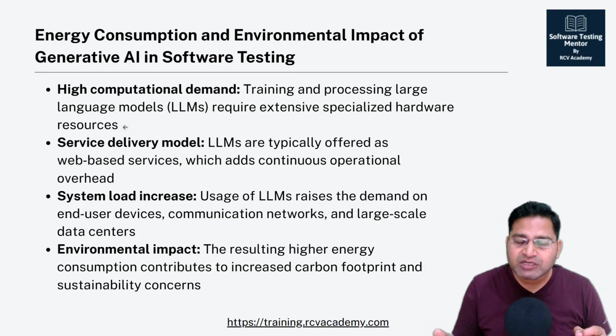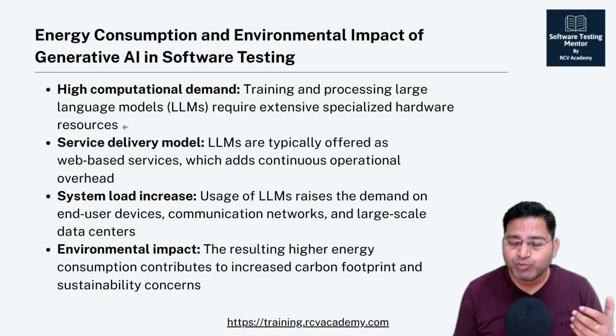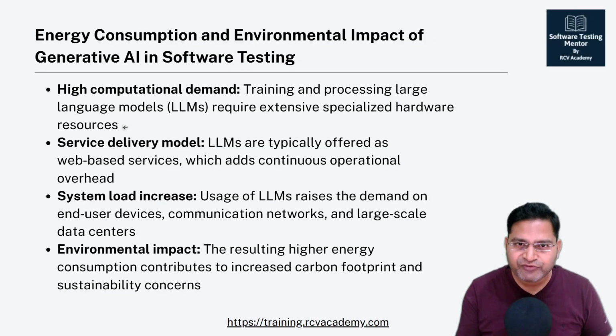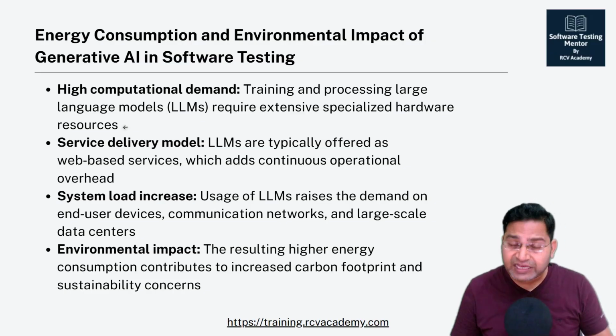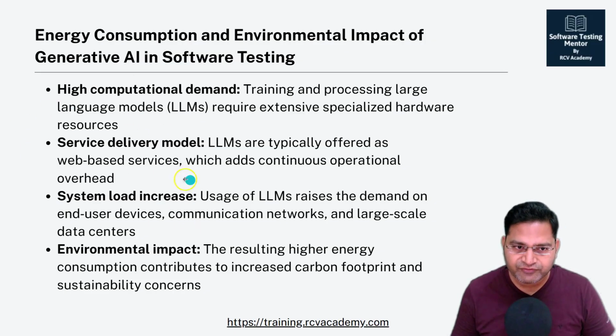Then when these models are deployed, you will see they are rarely on-prem. Companies prefer cloud models or service delivery based models. For example, in GitHub Copilot, I simply choose a model, and I'll show you with an example once we finish these details.